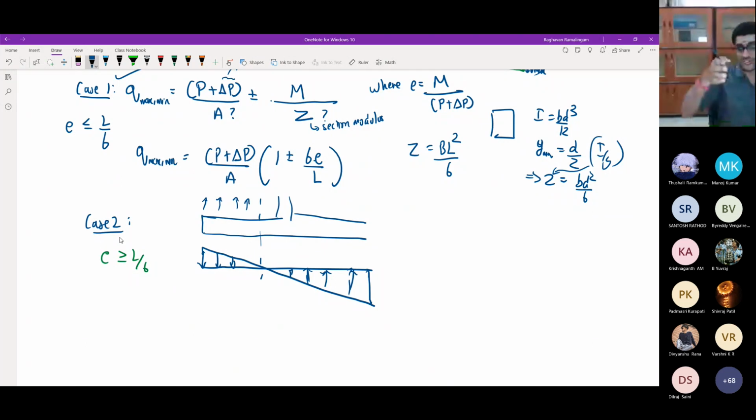So the footing will tend to lift up on one side, which is not a good thing. Therefore, people usually tend to avoid this when you dimension your footing. If you have moment plus axial load, you should fix your L by B dimensions such that you are able to avoid this condition.